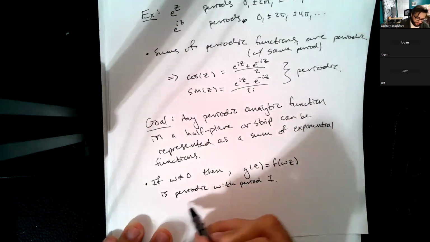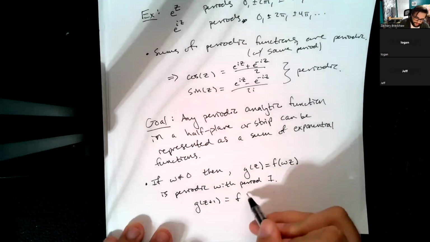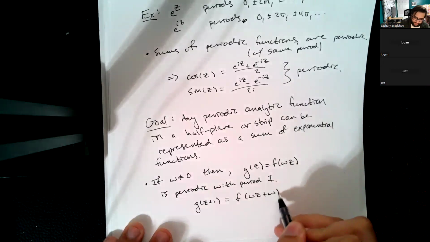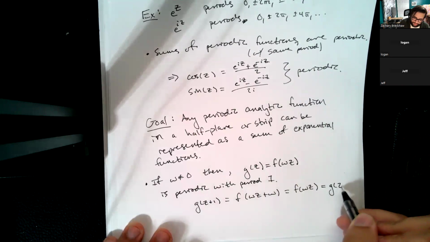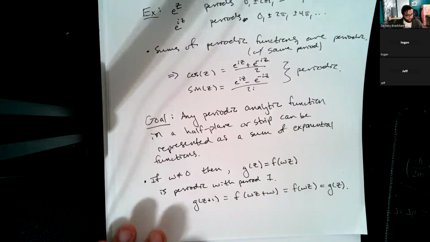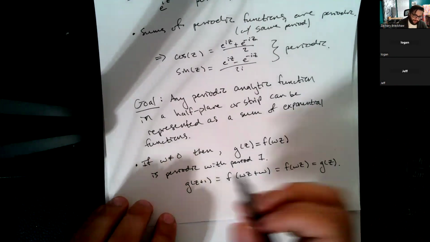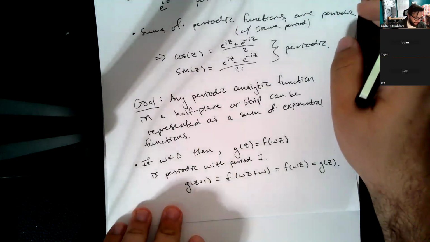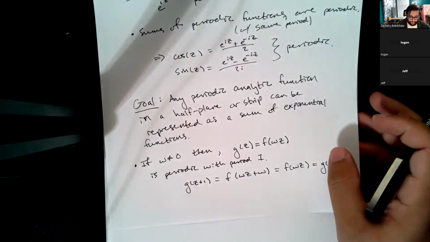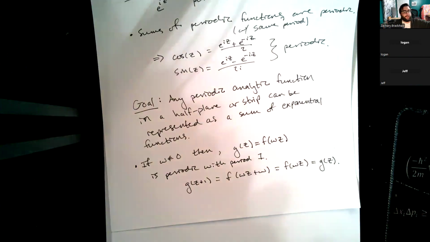This is because g of z plus 1 is f of omega z plus omega, which is f of omega z, which is just g of z. Okay, so let's go ahead and focus on functions with period 1, which are analytic in a horizontal strip. I'm picking a horizontal strip just to have something concrete to work on.